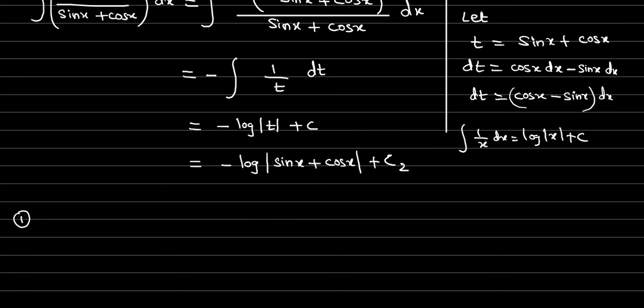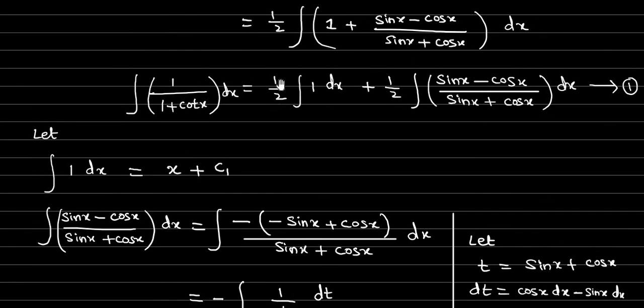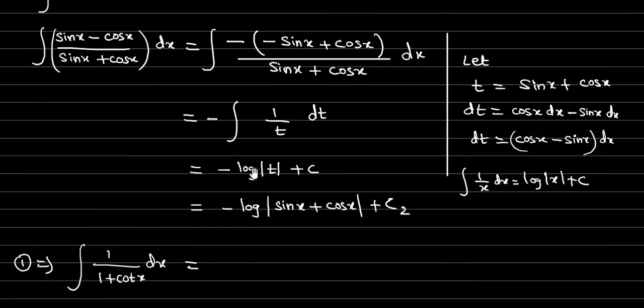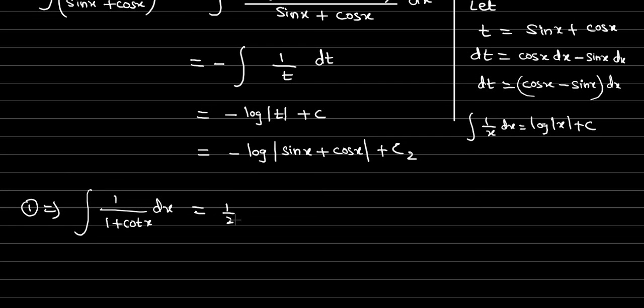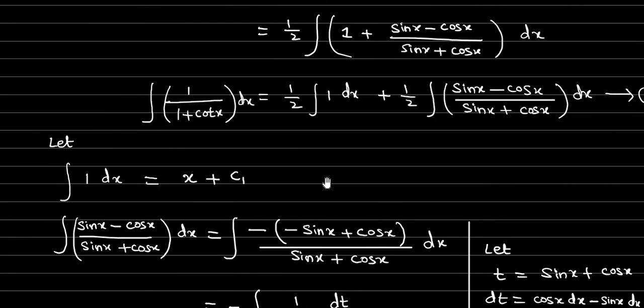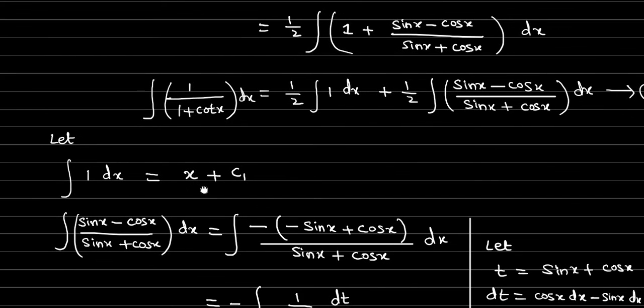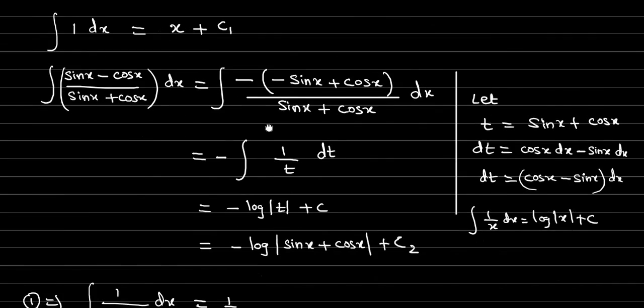Now in equation 1 we will substitute. In equation 1, what is the left hand side? The given question, integral 1 by 1 plus cot x dx equals, in equation 1, 1 by 2, which we write down as it is, and then integral 1 dx. Integral 1 dx value is what? x plus C1.